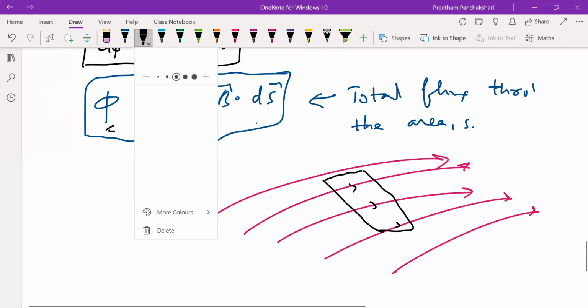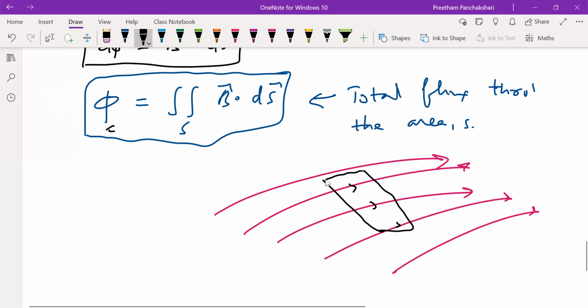If you choose a closed surface, like this, assume that this block represents the closed surface, then see the amount of flux passing now.